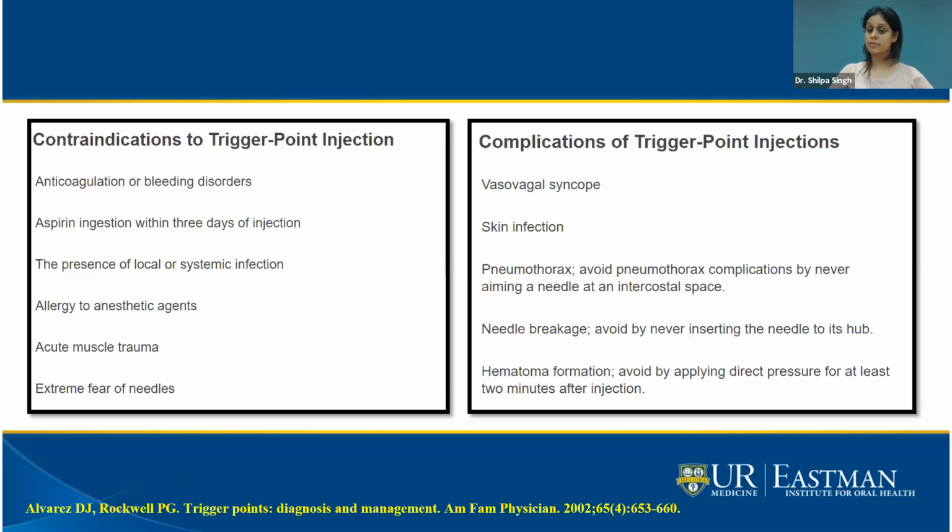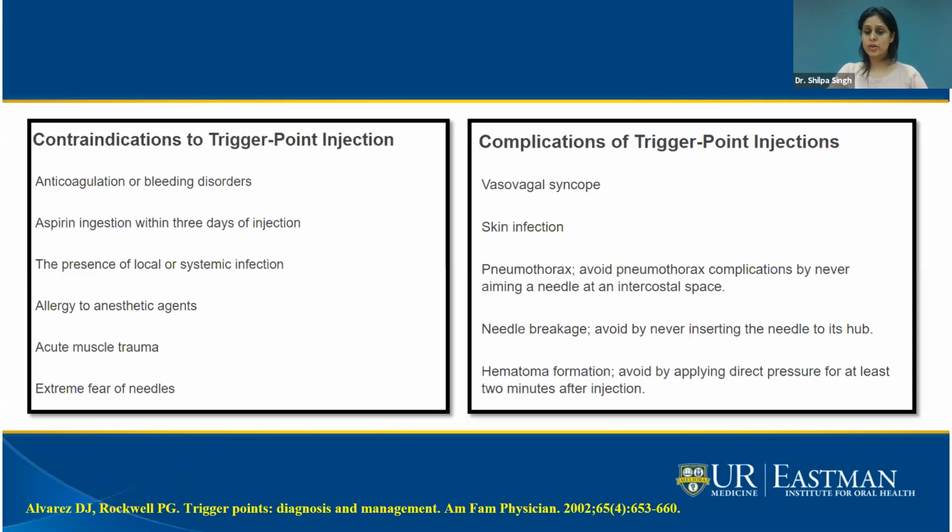We have the cold application ready, and when we start the trigger point, we do the vapor coolant spray before, and then identify the trigger point, palpate it, and get the jump sign of it. If the jump sign is there, that is where we have the right position of the needle, and we slowly inject the carbocaine, and we do not want to inject epinephrine in this, because epinephrine is a vasoconstrictor, and we do not want to close the blood supply for that muscle.